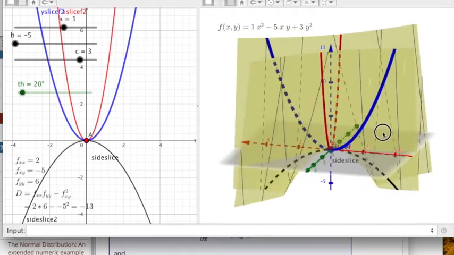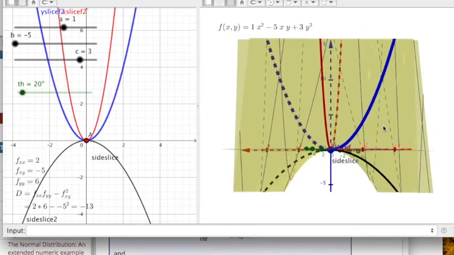So simply knowing what happens in the x direction and the y direction isn't good enough for us. Here the x and y directions are both minimums, and this is what's called a saddle point because it goes both up and down.